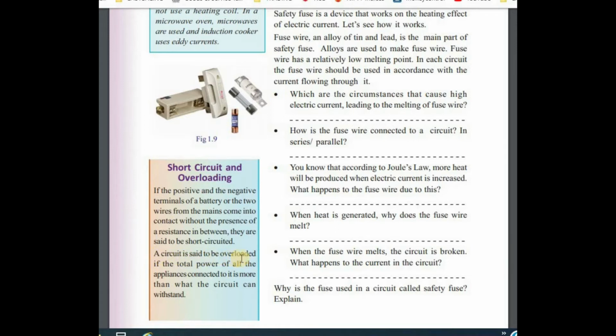A circuit is said to be overloaded if the total power of all the appliances connected to it is more than what the circuit can withstand. If there flows a current more than a circuit can withstand, then we say there is an overload. So short circuit and overloading are the two cases when high electric current passes through a circuit.